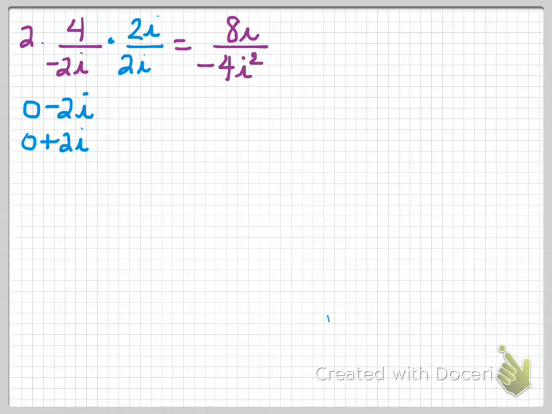And since we know that i squared is equal to negative 1, we can make this 8i over positive 4, because negative 4 times negative 1 equals positive 4. And when we divide 8 by 4, we get 2. So our final answer is 2i.